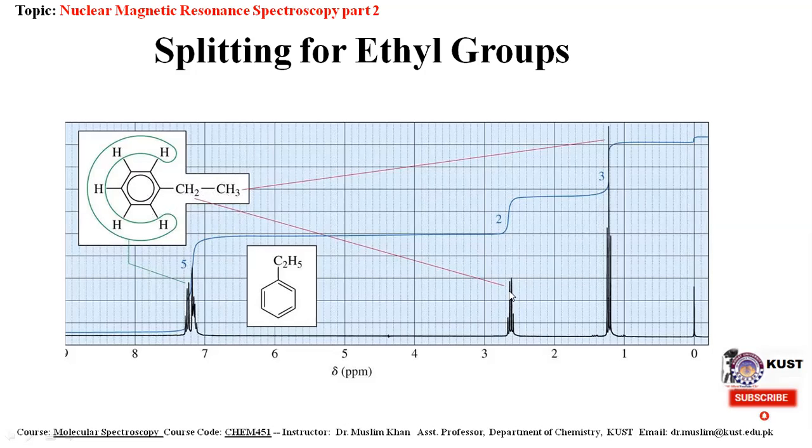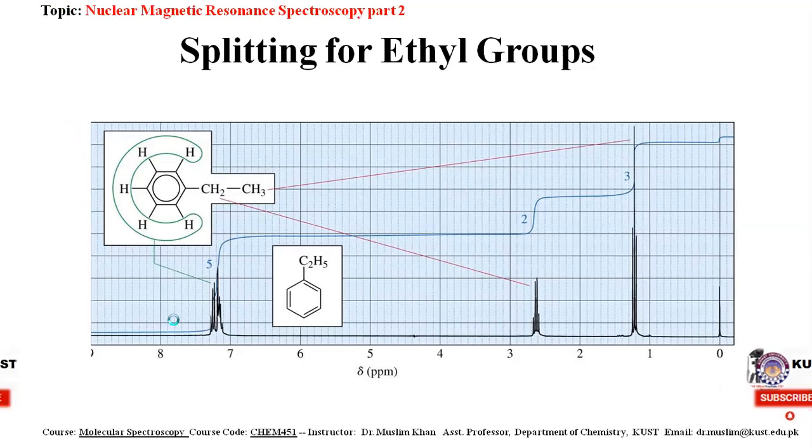This is the signal for this hydrogen, and this is the signal for that hydrogen. You know that for the aromatic ring it will be between 7 to 8 ppm, as we saw in the table, because there will be more shift for hydrogens attached to the aromatic ring.